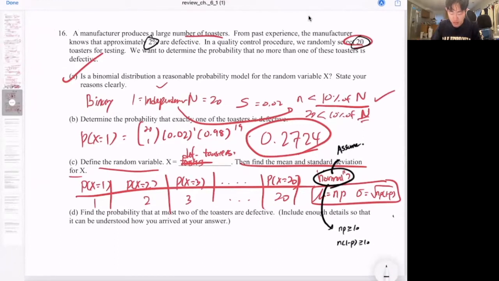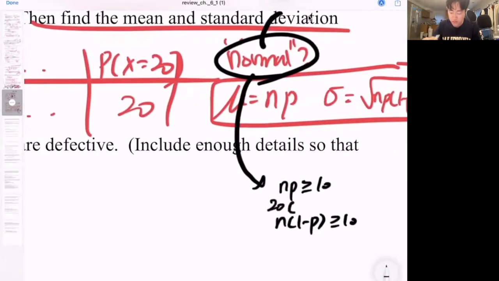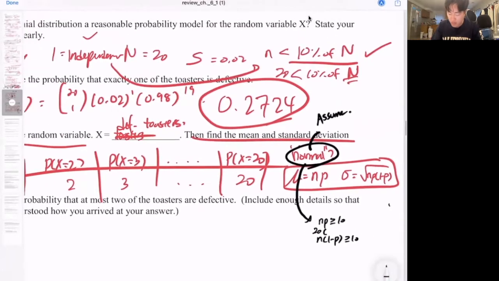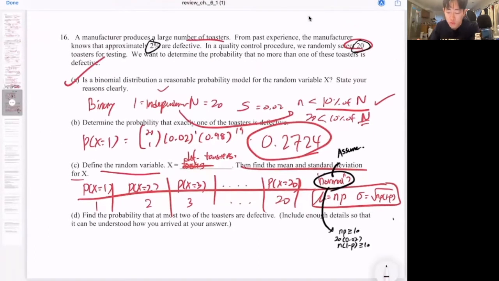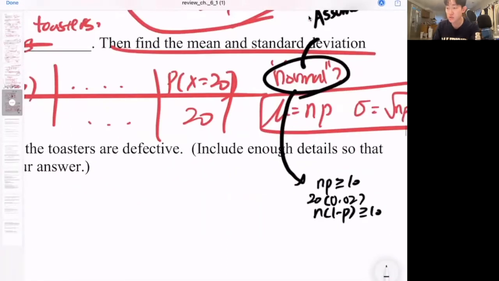So 20 times the probability, 0.02. We want to consider no more than one of these toasters being defective. 2% of 20 is actually 4.